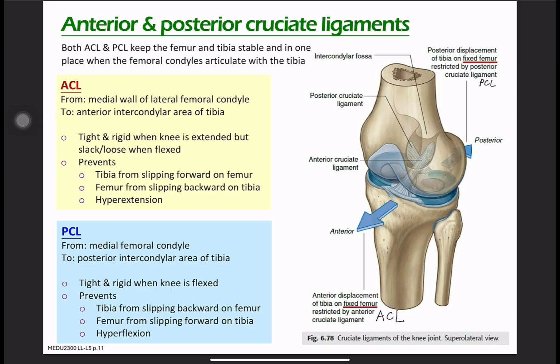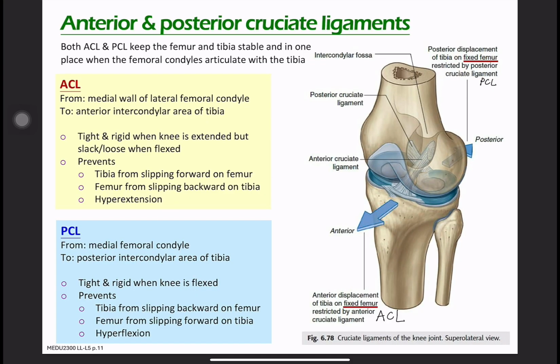When the knee is extended, the ACL is tightened and rigid, but it becomes loose when the knee is flexed. As a whole, the ACL prevents the tibia from slipping forward on the femur, prevents the femur from slipping backward on the tibia, as well as hyperextension of the knee.